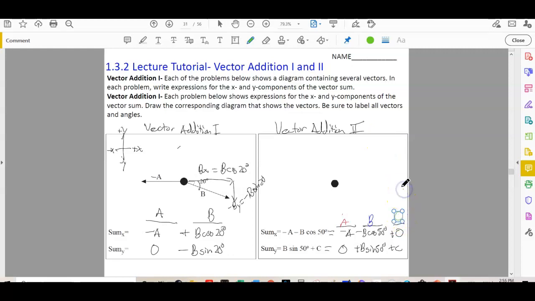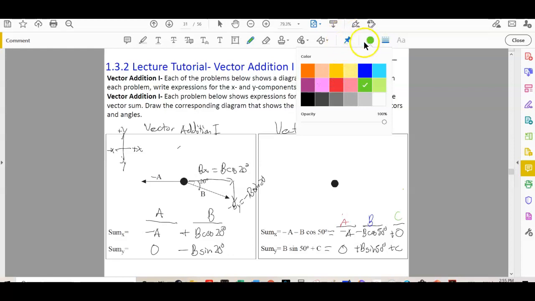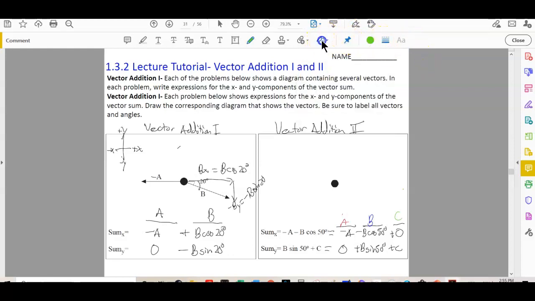Okay. Well, the A vector, if you look at the x direction and the y direction together, let's just look at the A vector. Don't look at B or C. The A vector is going to be pointing to the left. It's got a negative x component, and it has no y component. So I'm going to grab a vector here.